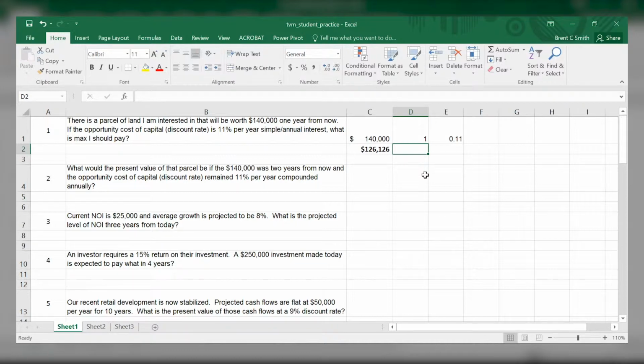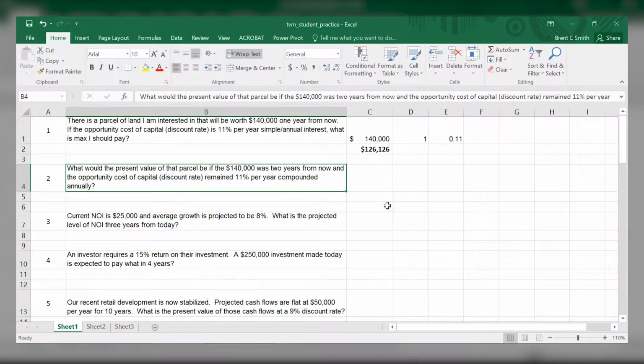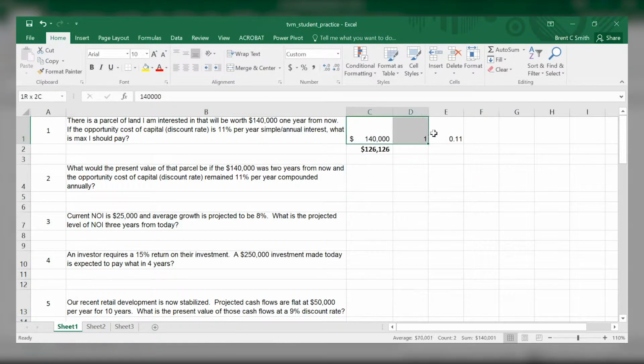If you will allow me just for a second, I'll give you a little hint for the next one. It says, what's the present value of that parcel if the 140 is received 2 years from now and the opportunity cost hasn't changed? Well, as you can see, it's going to be relatively easy to figure this out. We simply take these, copy them, and paste them. All I'm going to do is change this to 2, and then I'm going to copy this as well.